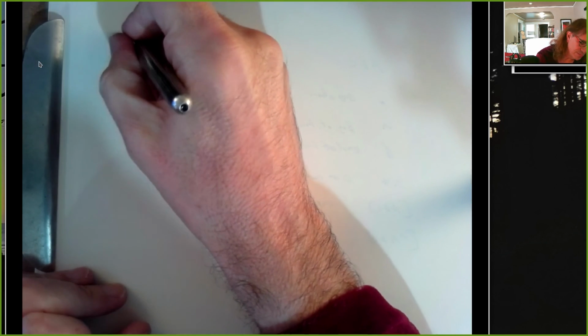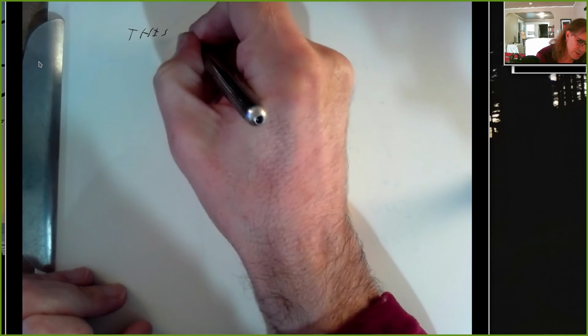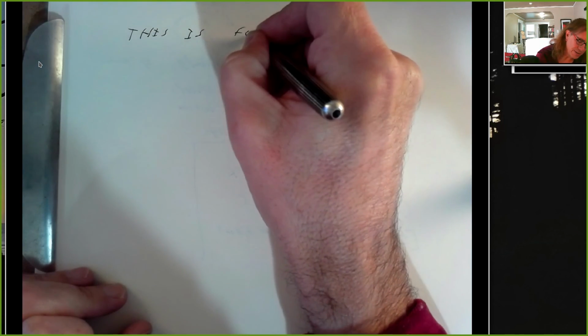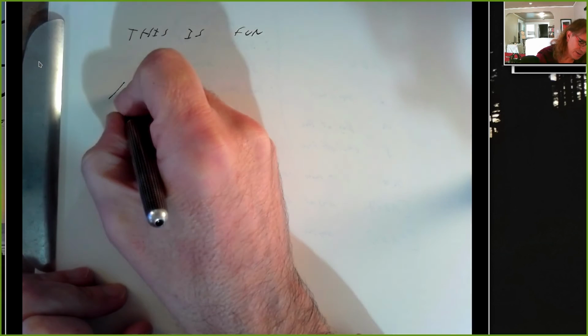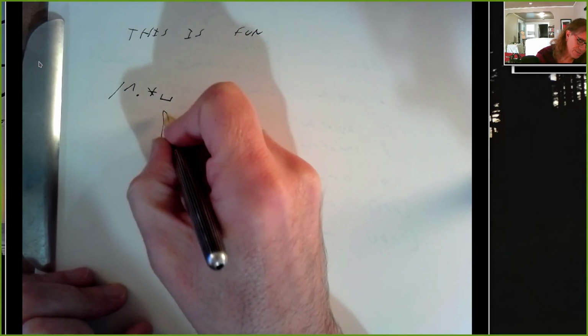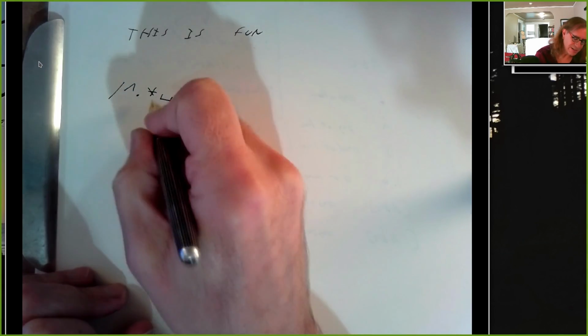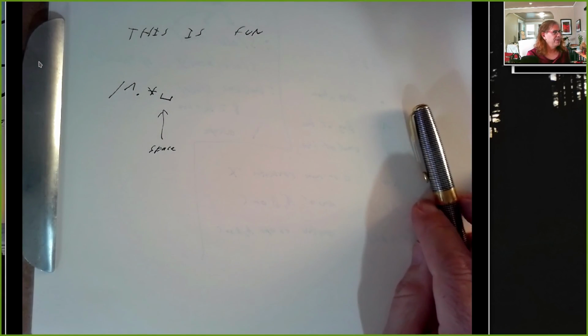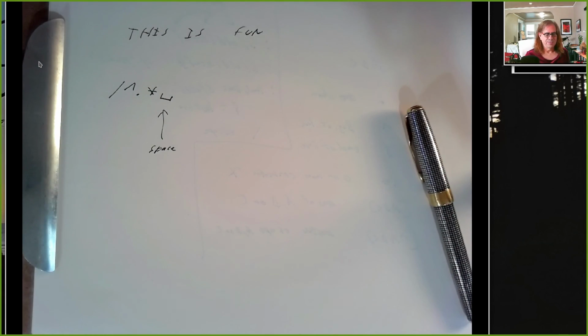All right, so what happens? Let's say this is my line, and I search for beginning of the line followed by any succession of characters followed by a space. And I usually draw spaces as this little mark, truncated U. There's an ambiguity here.